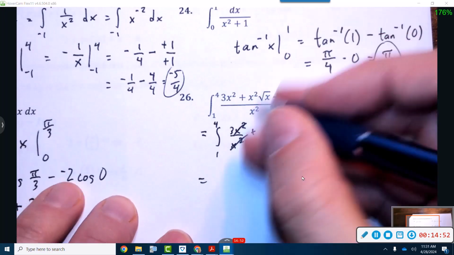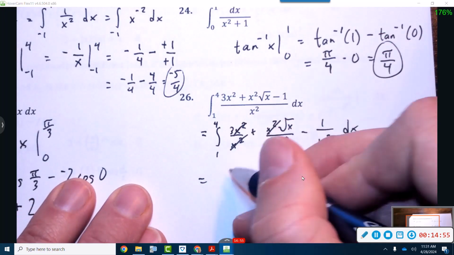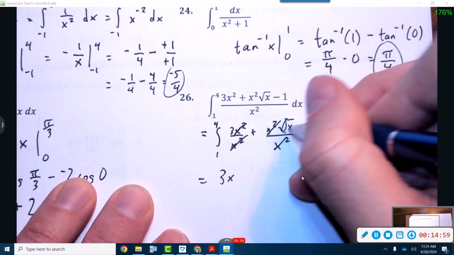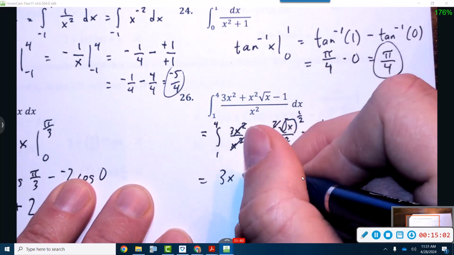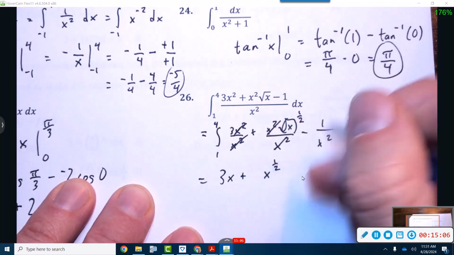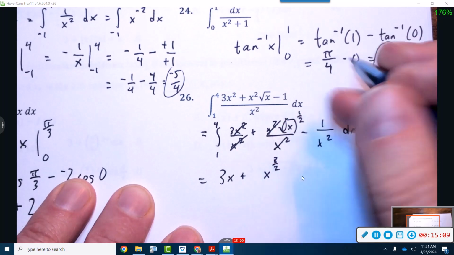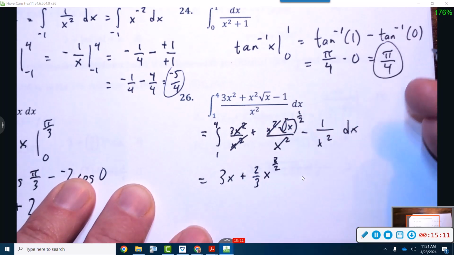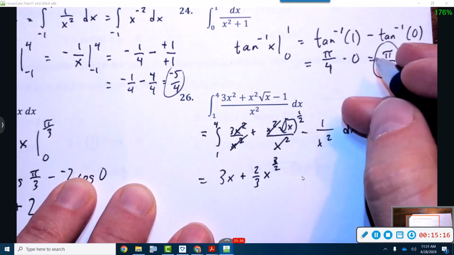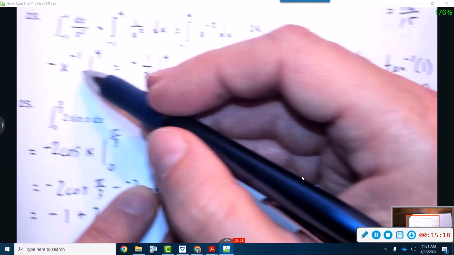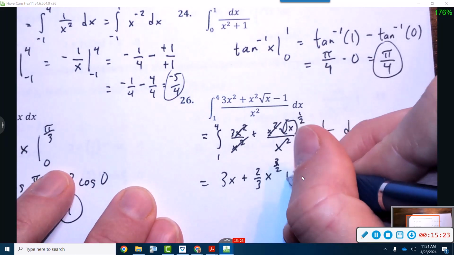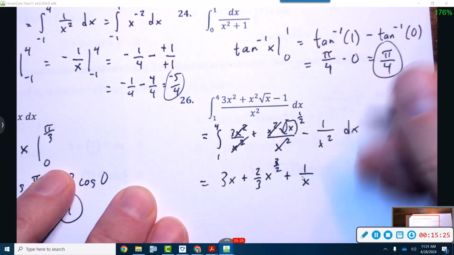So we got the antiderivative of 3, which is 3x. This guy is going to be 1/2. So let's write that as 1/2. We're going to add x to the 1/2, but I'm sorry, 3/2. Then this would be 2/3 minus the antiderivative of this guy we said was him. So we've got plus 1/x.